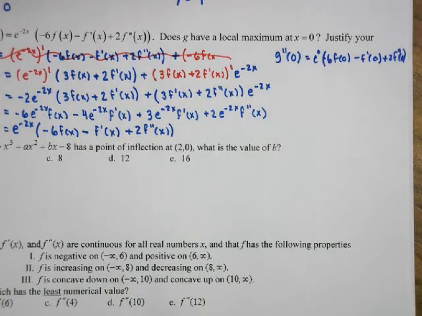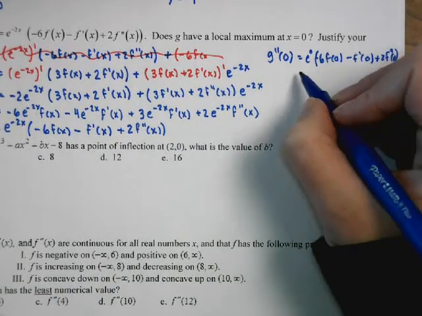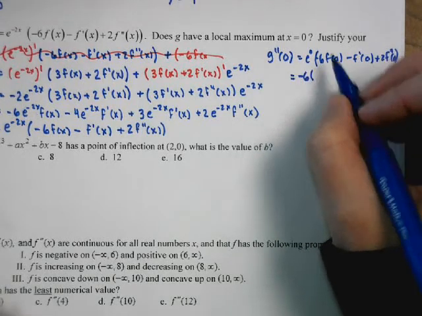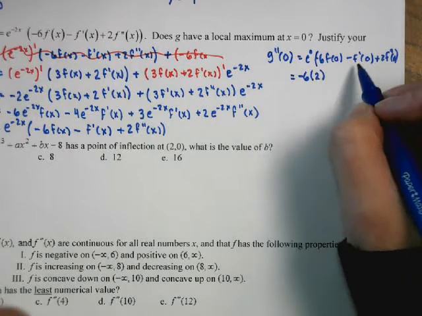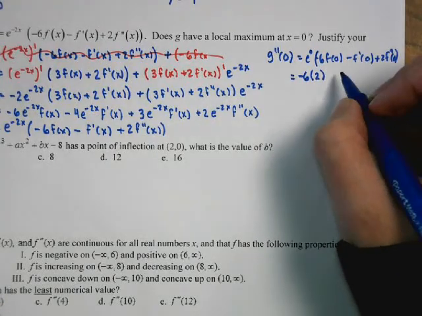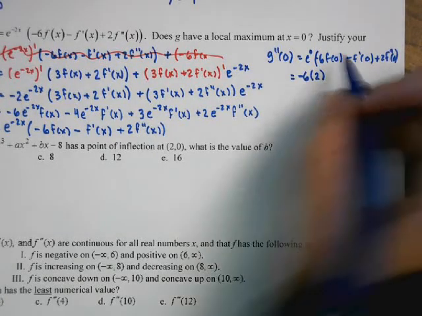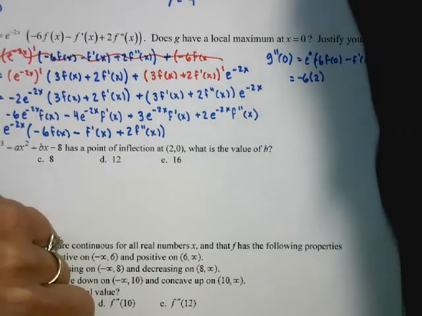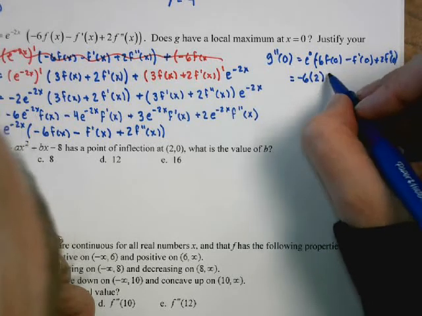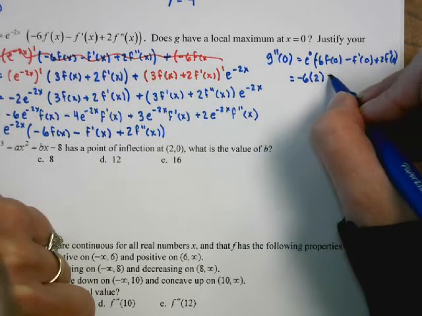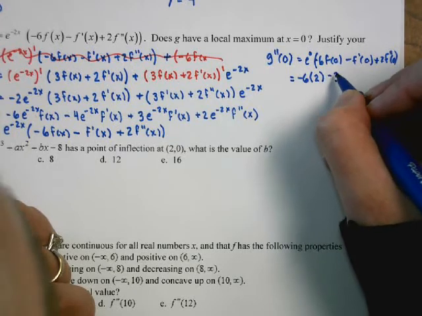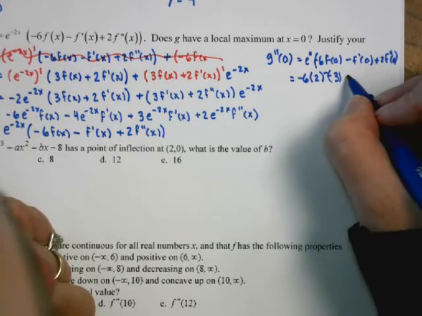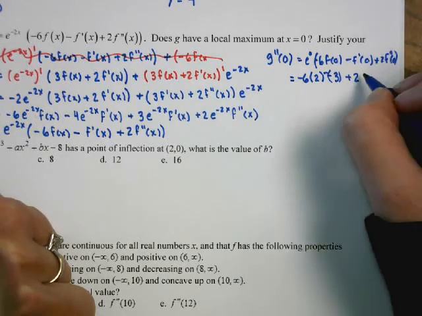We're going to have negative 6 times f of 0, which is 2. F prime of 0 is negative 3, so minus negative 3. Plus 2 f double prime is 0. So we have a negative 12 plus a 3, which gives me a negative 9.